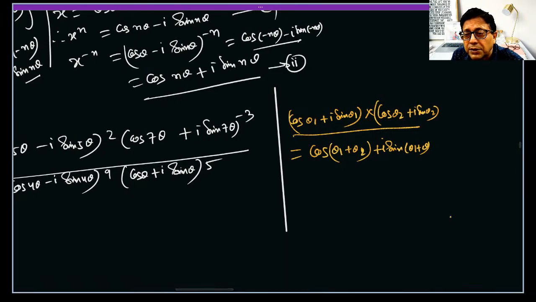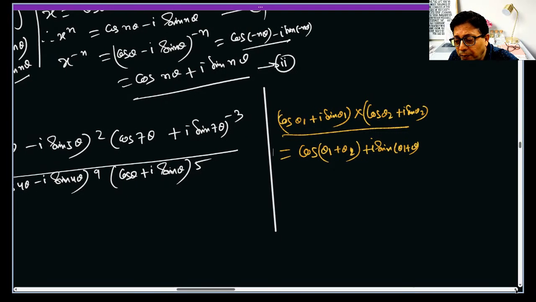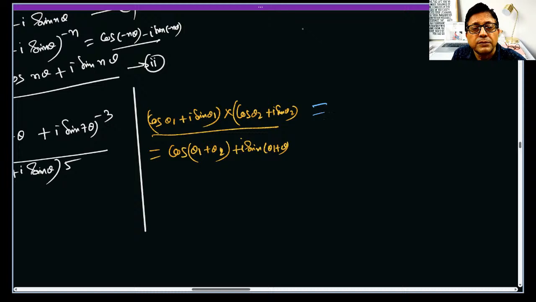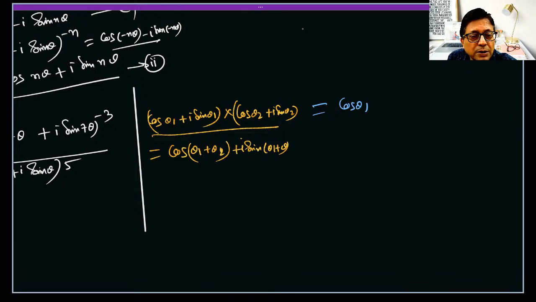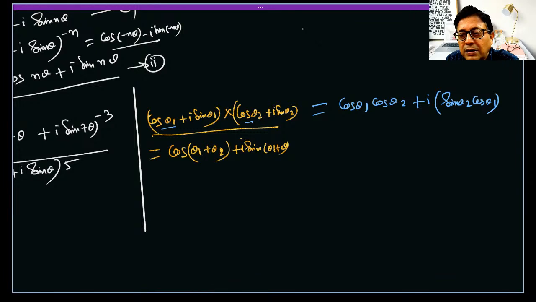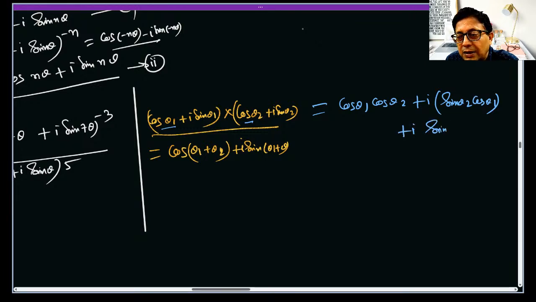If you open the bracket, then this thing is going to be, just multiply this by this, I sin theta 2 cos theta 1, I square is minus 1, minus sin theta 1 sin theta 2.